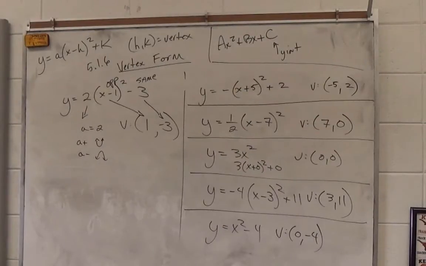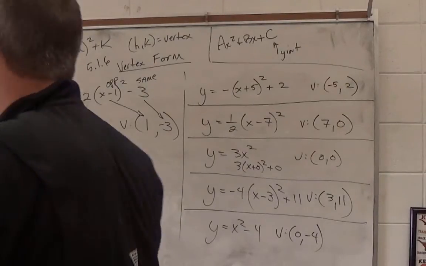This gives your graph another level of detail. Because if we can find the y-intercept and the mirror point, then we've got 3 points. I'll say it again. To find the y-intercept in vertex form, let x equal 0.